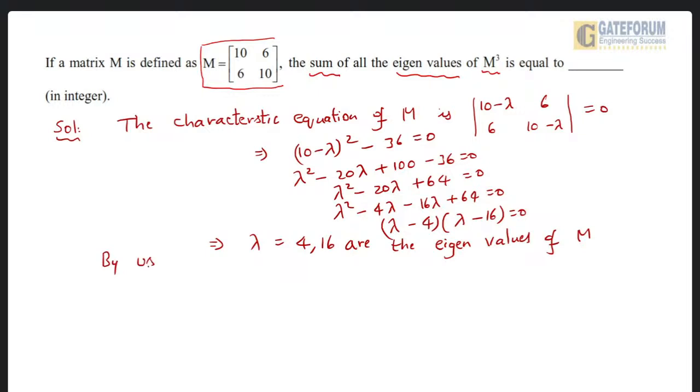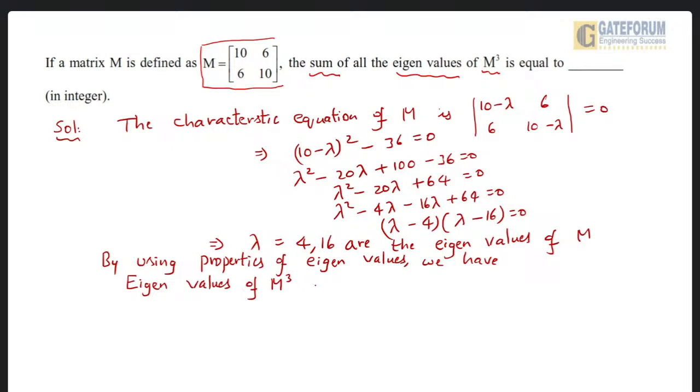By using properties of eigenvalues, we have the eigenvalues of M cube are just lambda cube: 4 cube, comma, 16 cube.